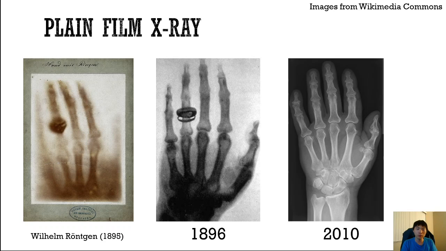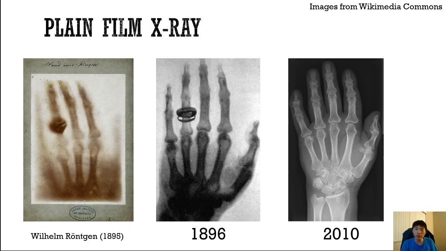Here in the middle is a slightly updated image, a little bit higher quality, but more or less showing the same thing: the bones in the hand and also a ring that the subject was wearing. And then on the right, I'm showing a modern image, from 2010. Basically, the technology hasn't changed very much.